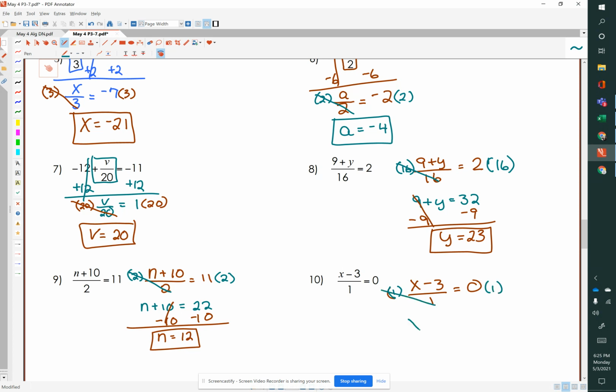So this cancels. x minus 3 equals 0 times 1, which is 0. Now, we have to add 3 to both sides because 3 is being subtracted from x. So we'll add it, which gives us x equals 3 as our final answer.